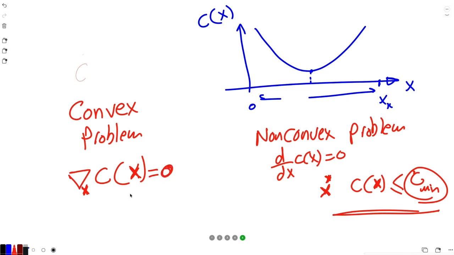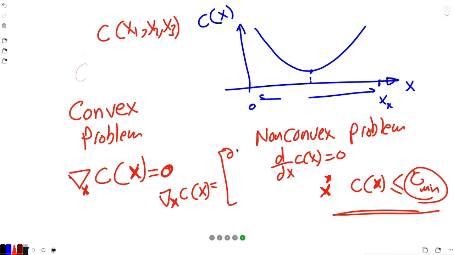What does the gradient mean? Assume now that we have a function c which is a function of x1, x2 and x3, not only a single x, so now we have a three-dimensional problem. The gradient of c can simply be described as a vector of the partial differentiation of c with respect to x1, the partial differentiation of c with respect to x2, and the partial differentiation of c with respect to x3.